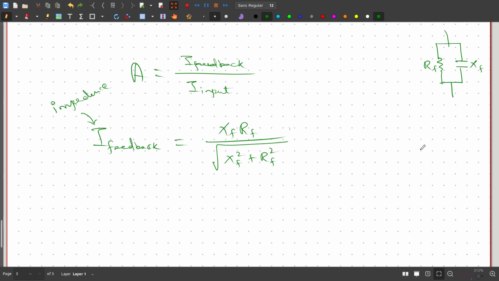So what's the input impedance? For the input case, we have a resistor in series with the capacitor. This is Xi and this is Ri.